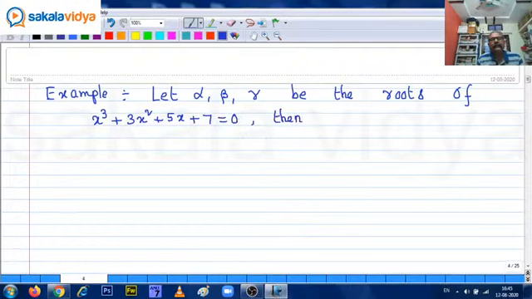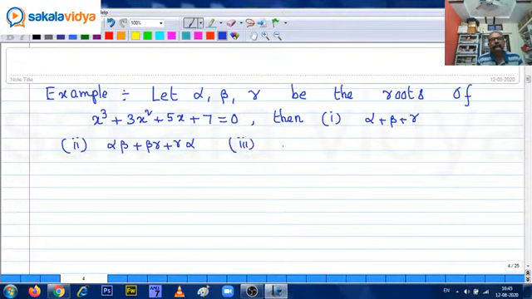Then first, alpha plus beta plus gamma. Second, alpha beta plus beta gamma plus gamma alpha. Third, 1 by alpha plus 1 by beta plus 1 by gamma. So let us find these values now.